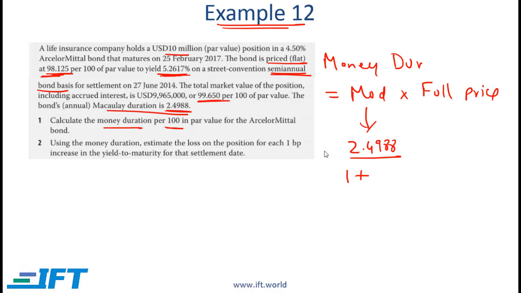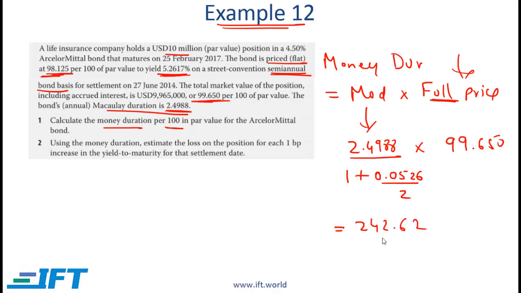What is half of this number? In decimals it is 0.0526 divided by 2. I'm just going to 4 decimal places here, multiplied by the full price. And again, I emphasize full price because you are given both the flat price and the full price. You are supposed to use the full price, which is 99.650. When you do the calculation, you should get 242.62. This is the money duration.